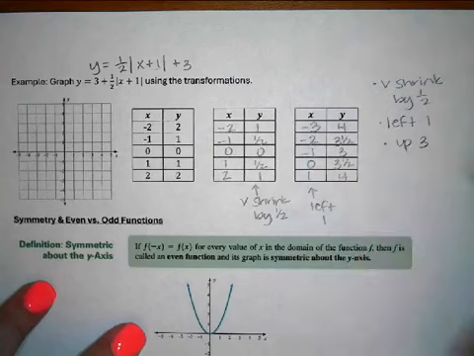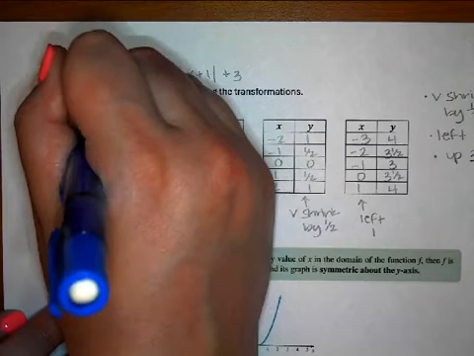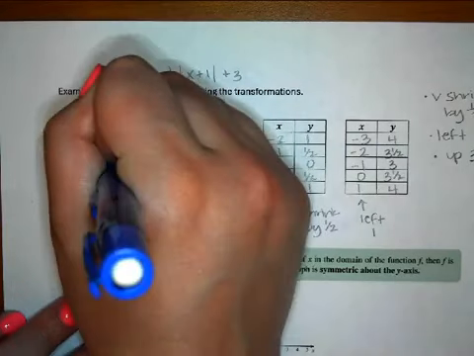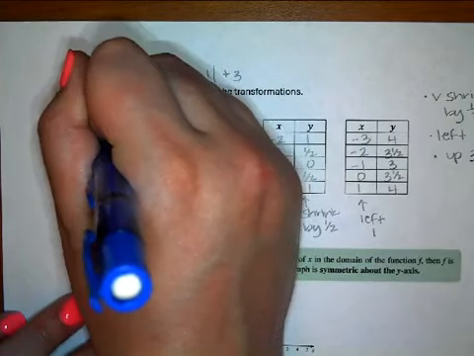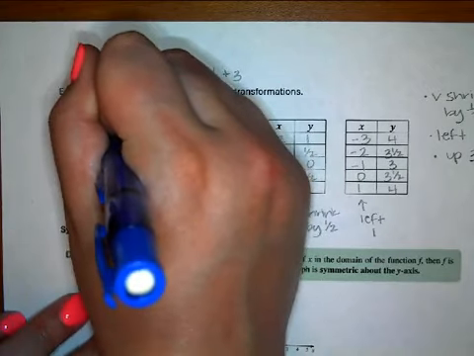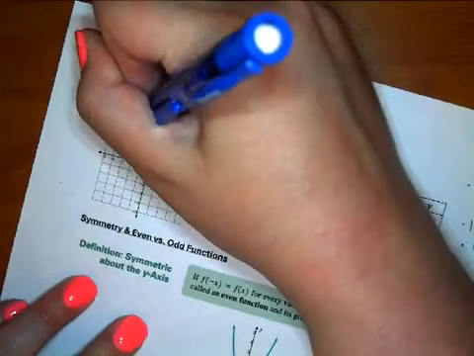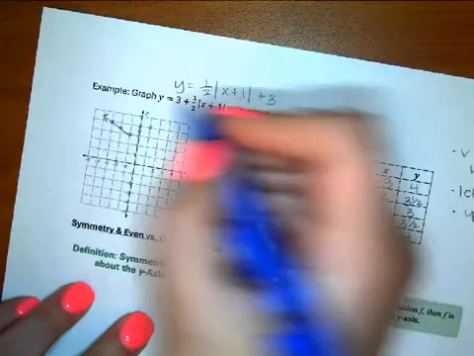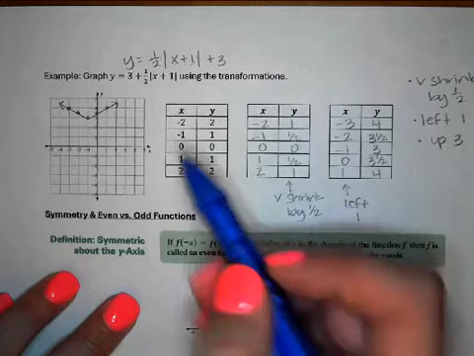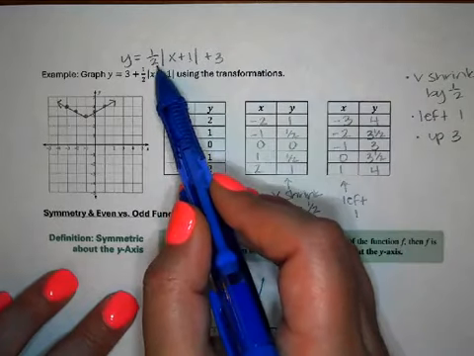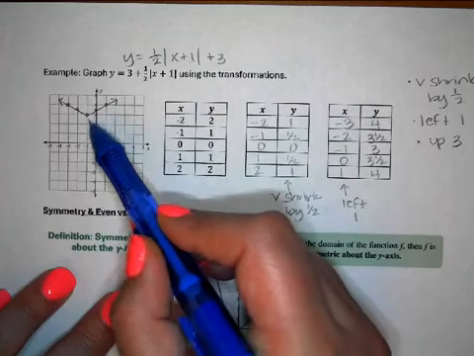So -3, 4, -2, 3.5, -1, 3, 0, 3.5, 1, 4. So this V is pretty wide and pretty short compared to what we're used to. So I can see that it's compressed, short, wide. The vertex here has shifted left and shifted up. So it appears that the transformations are there and they make sense.